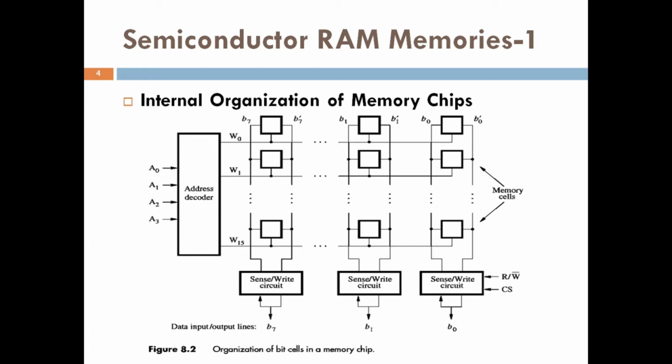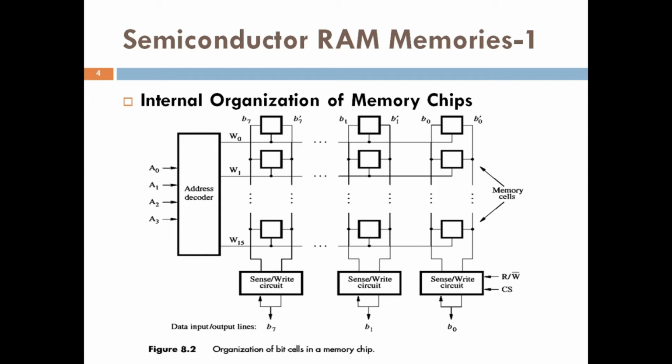Here the cells in each column are connected to a sense or write circuit by 2 bit lines. The memory cells in each column are connected to a sense or write circuit by 2 bit lines. Here you can see the 2 bit lines.